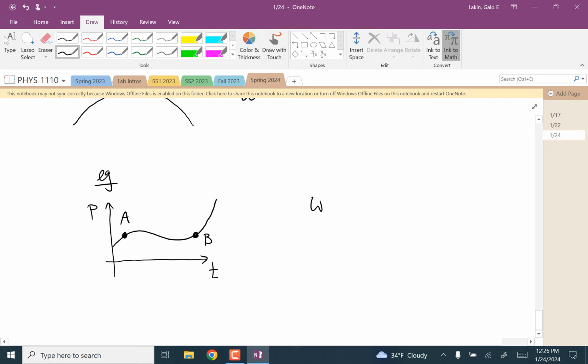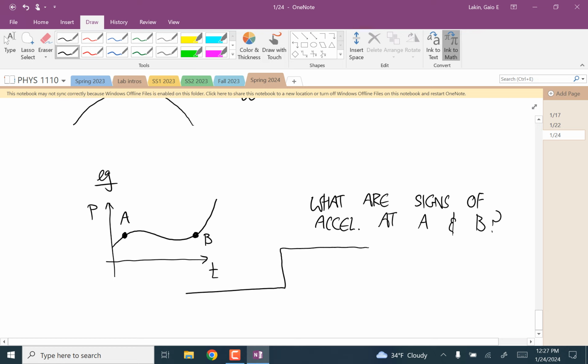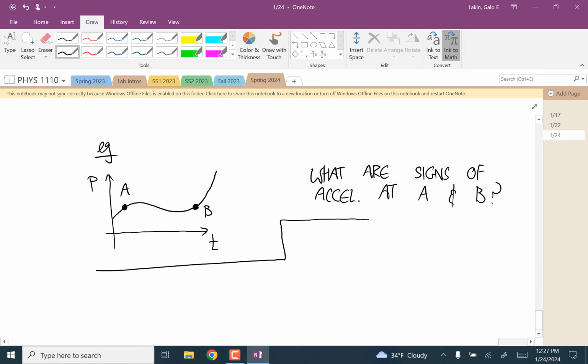And we want to know what are the signs of the acceleration at the points A and B. Well, if you're at this point A, you can see that at that point, it's on a concave down curve.